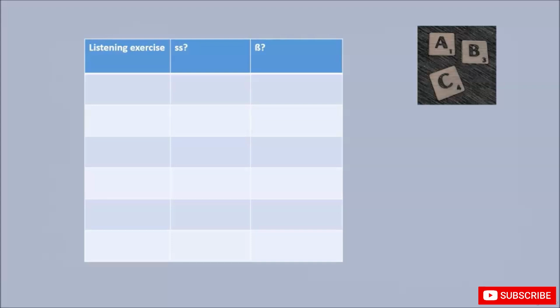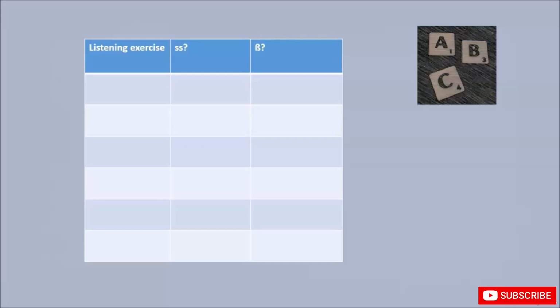Two S's or SZ? And then wir wissen. What about wir essen? Or aß. What do you think? Did you spell them correctly with 2 S's or SZ?